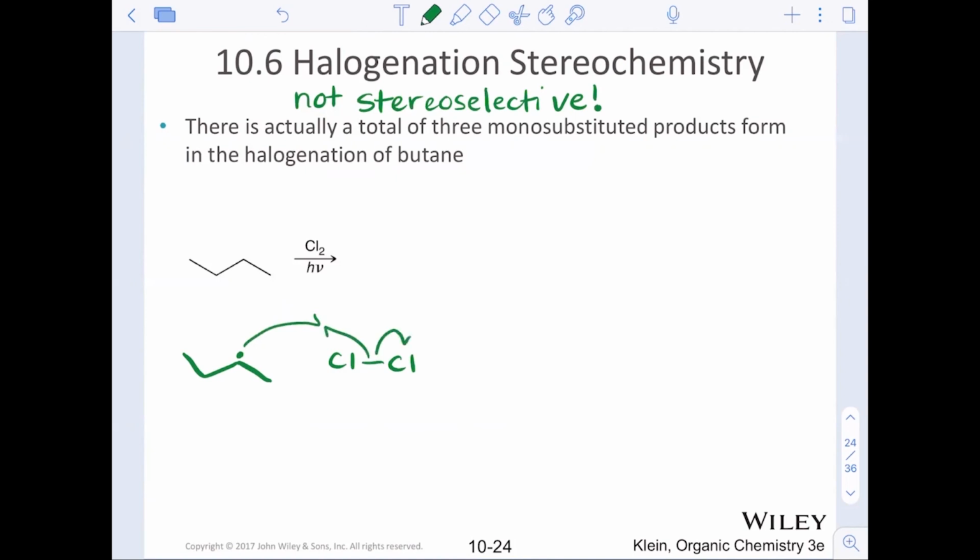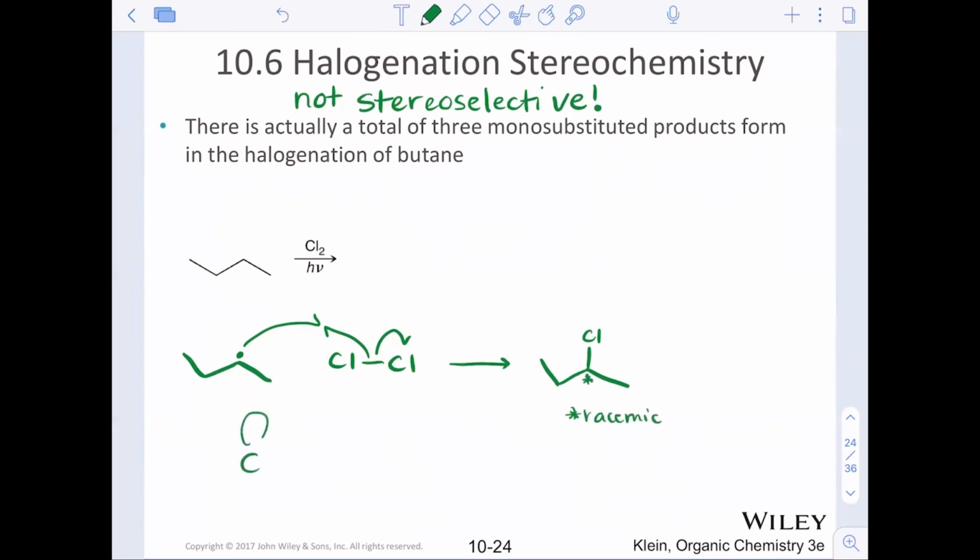If we want to think about how that chlorine is being attached, I just chose the most substituted to start off. When we imagine that chiral center is formed, we will actually get a racemic mixture.